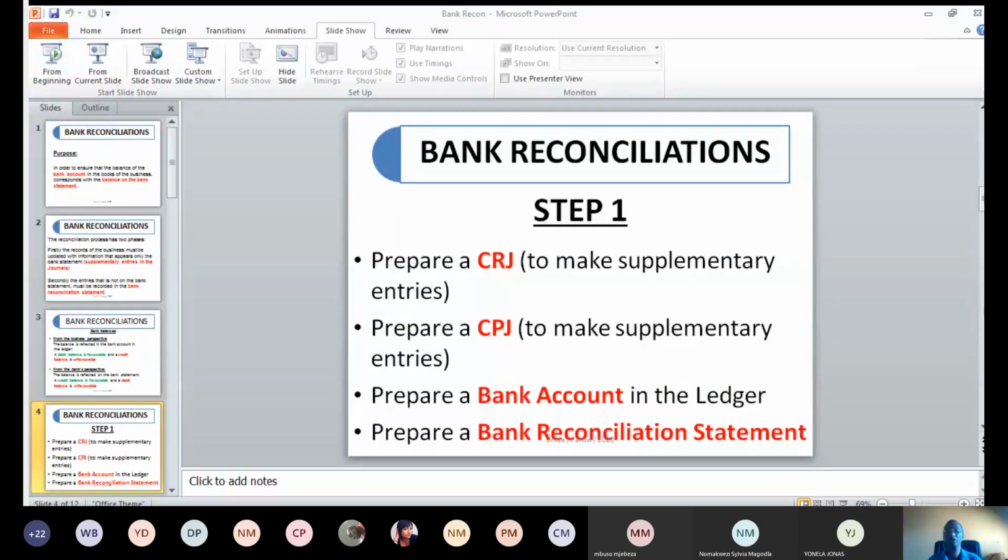And that is why you've got an entry now in your cash payments journal. Okay, guys? So if you come across any items that is on the bank statement that is not yet in our cash payments journal, you will have to record that in your cash payments journal, such as bank charges, interest on overdraft, debit orders, and dishonored checks.